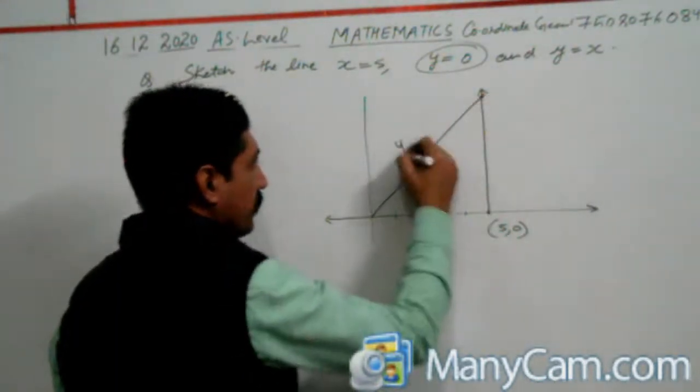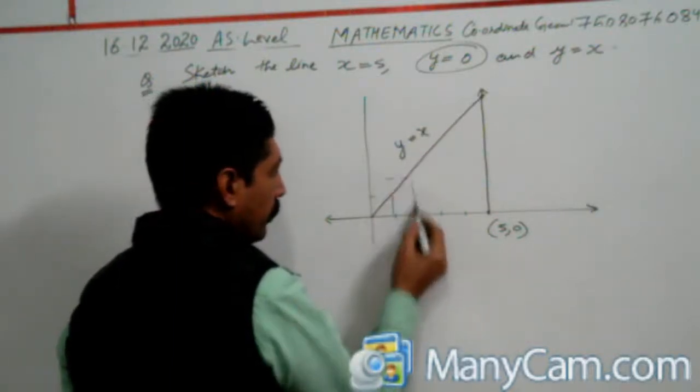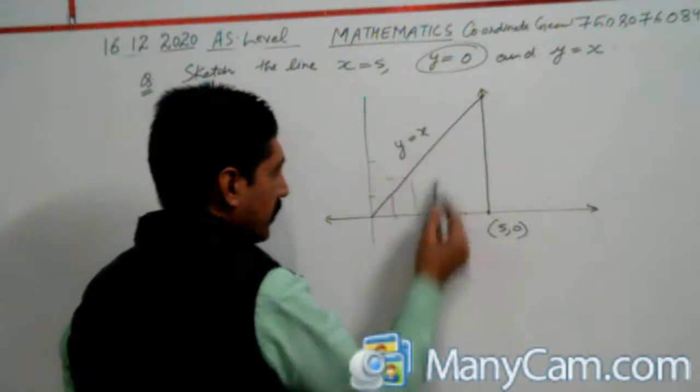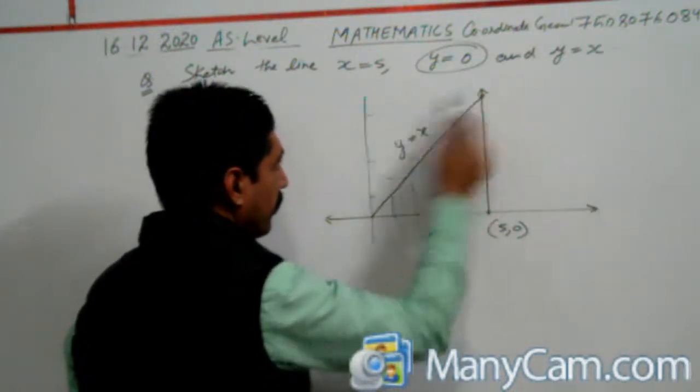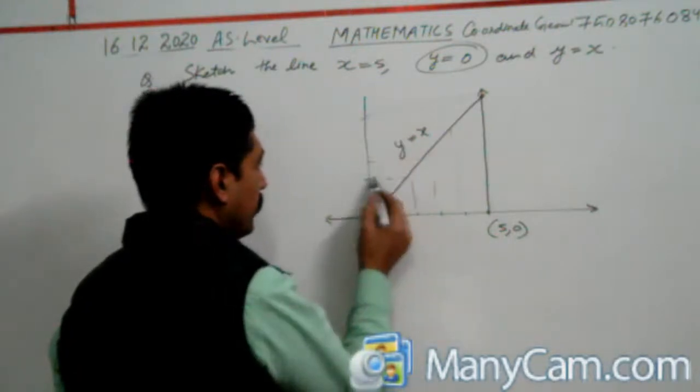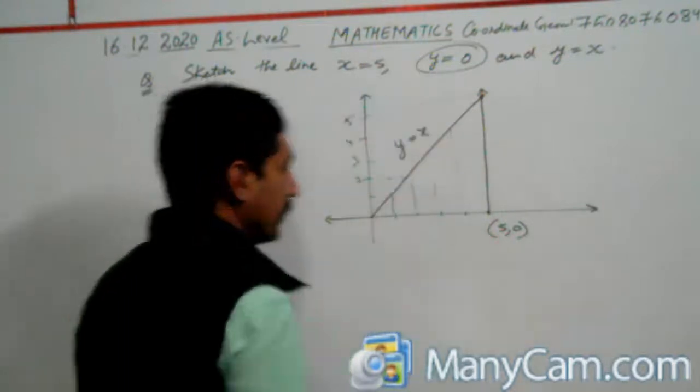This is the equation y is equal to x, right? Like 1, 1, 2, 2, 3, 3, and here it is 5, 5, right?